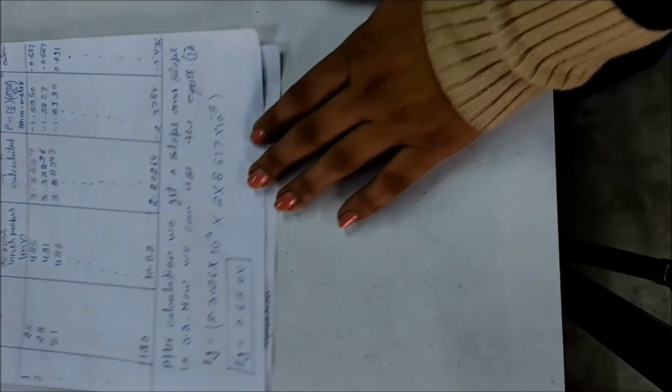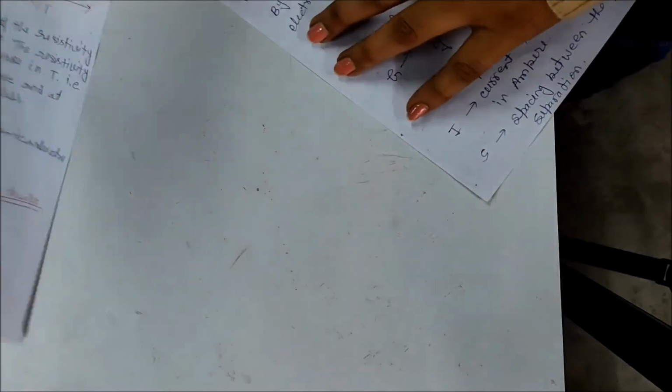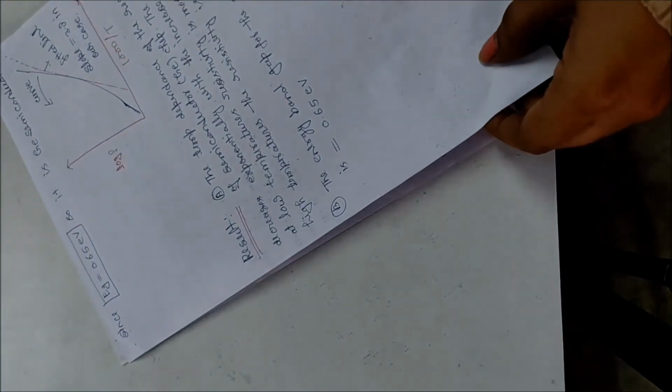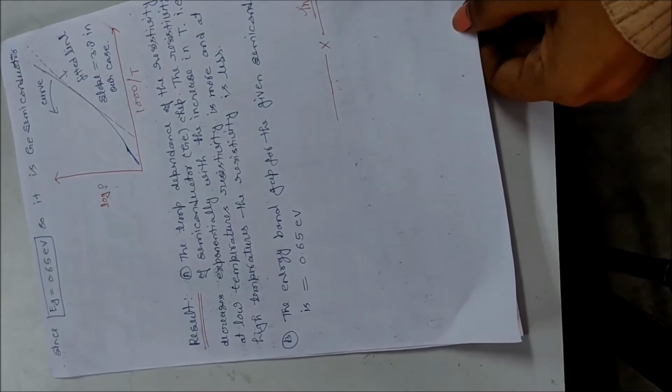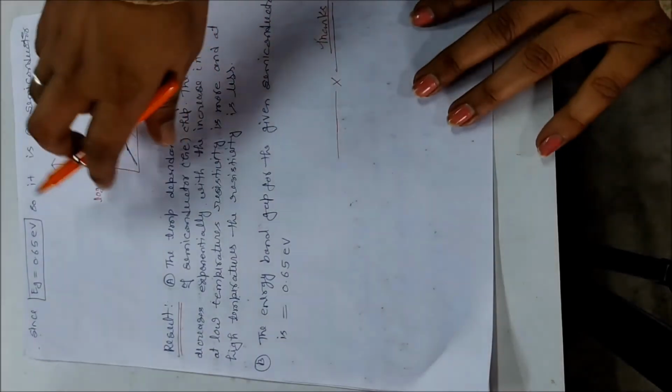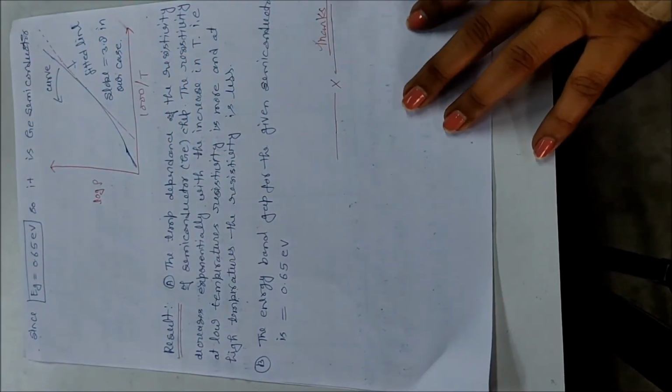0.65 electron volt. This means that it is the germanium semiconductor, because germanium has a band gap of approximately 0.7 electron volt, so it is near about the germanium band gap.